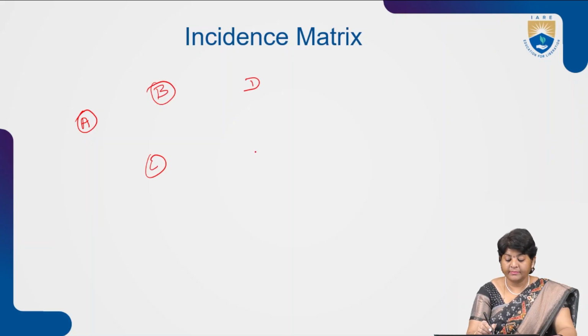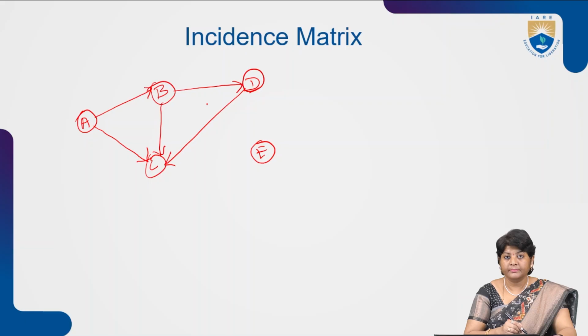These are 5 vertices: A, B, C, D, E. Now I will generate edge connections with directions: A to B, A to C, B to C, D to C, B to D, C to E, and D to E.